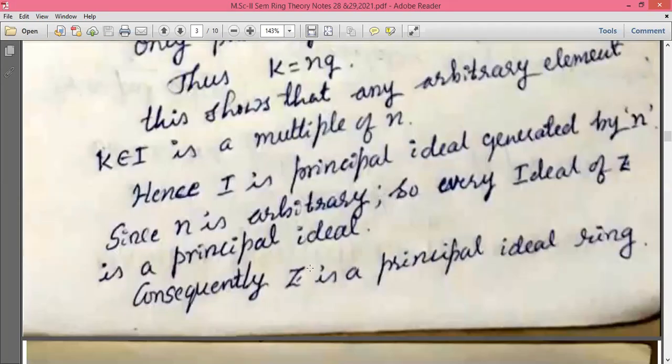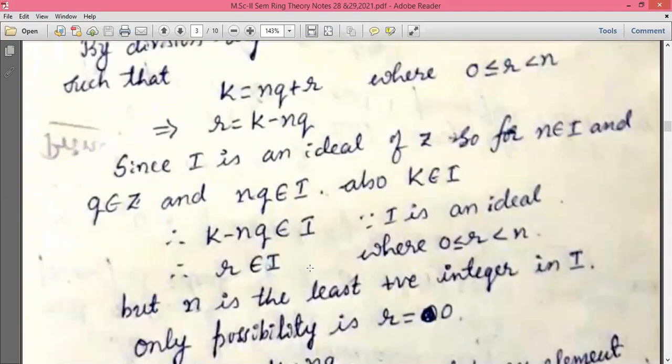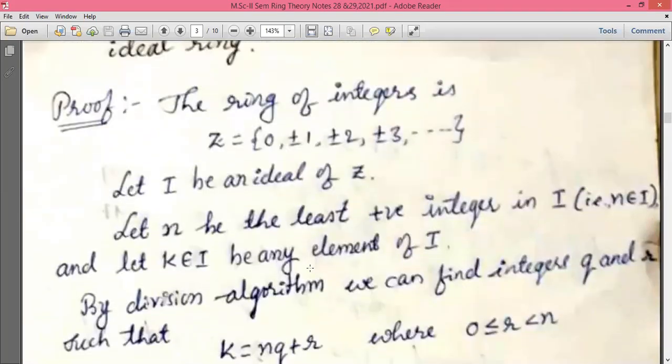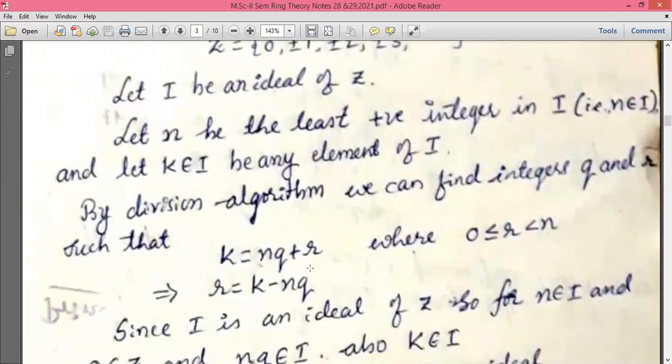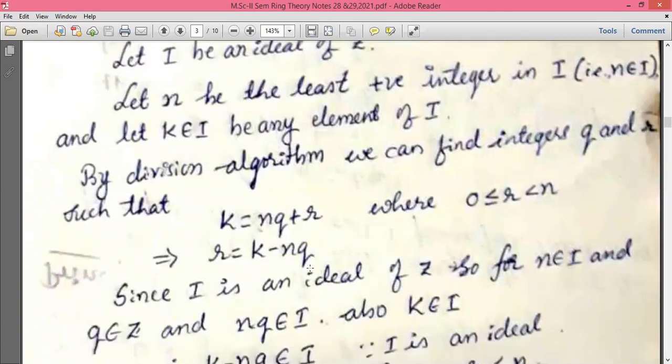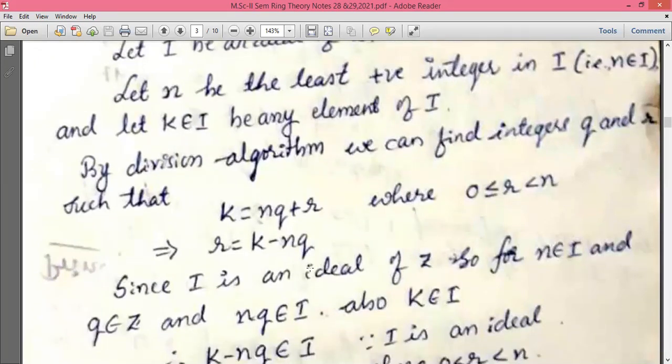So that is what we have discussed. We started with the set of integers and chose I, an ideal of Z. We also chose the least positive integer in I, that is n, and let k be any element of I. In order to express k in this form, we use the division algorithm, and we can find the integers q and r.